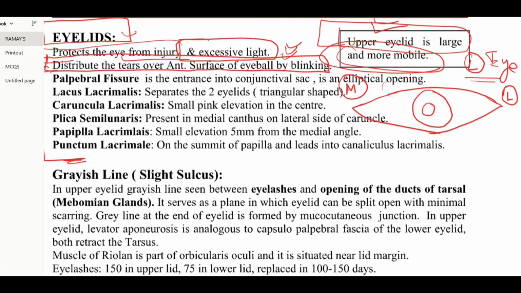The structure where the upper and the lower eyelids meet is known as the canthus. This is the medial canthus, and this one is the lateral canthus.